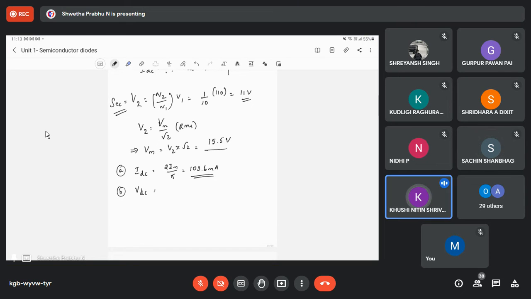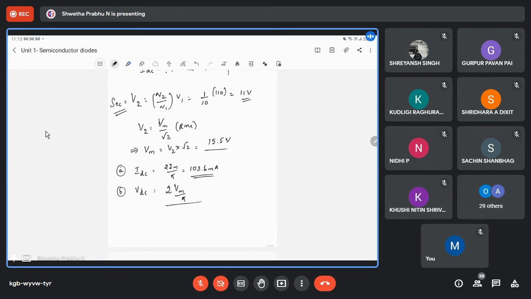Yes, ma'am, just a second, I'm solving. 8.5 volts.